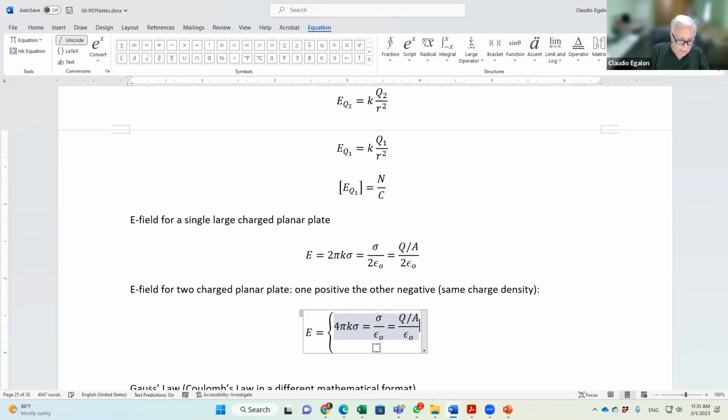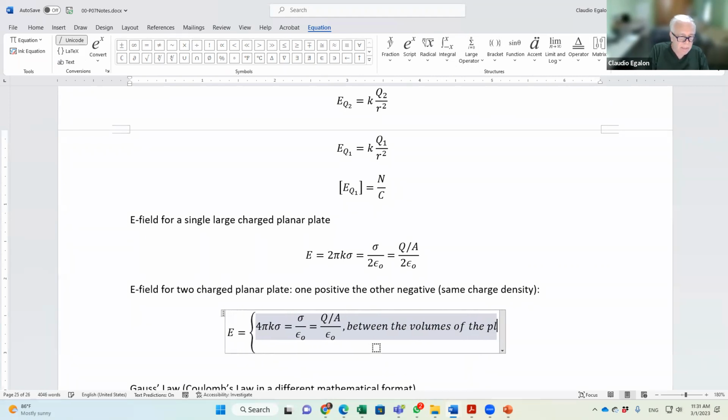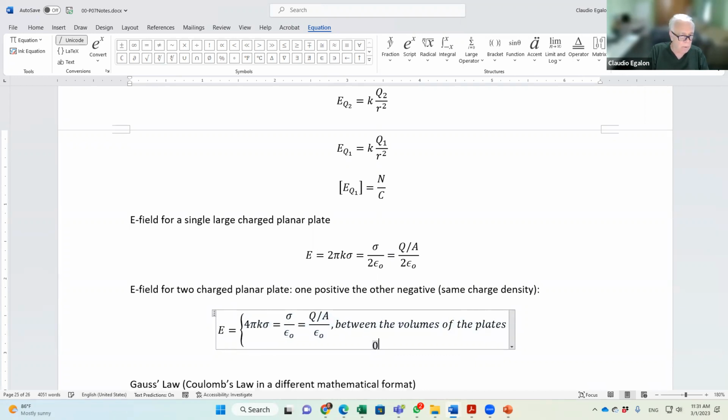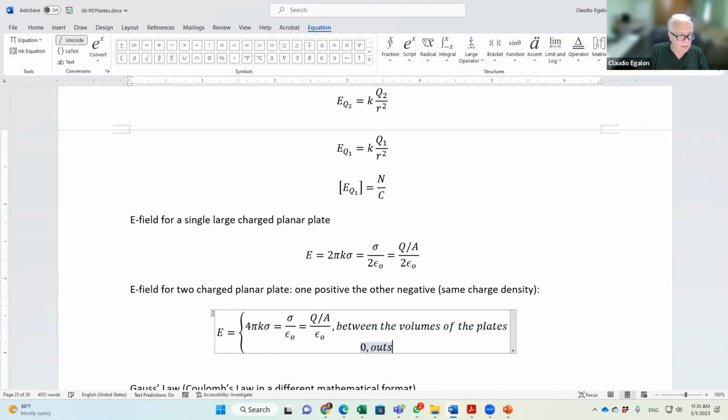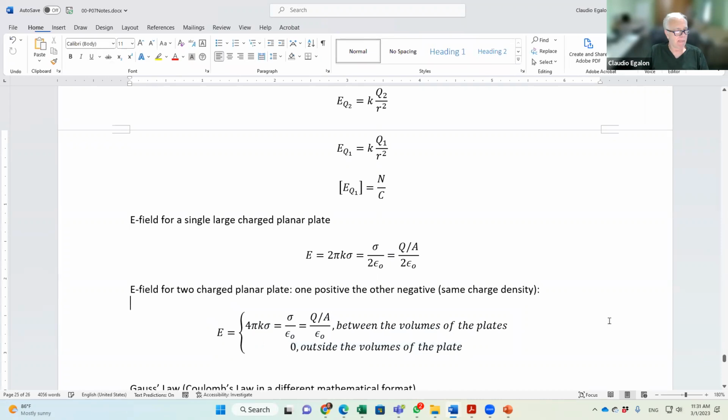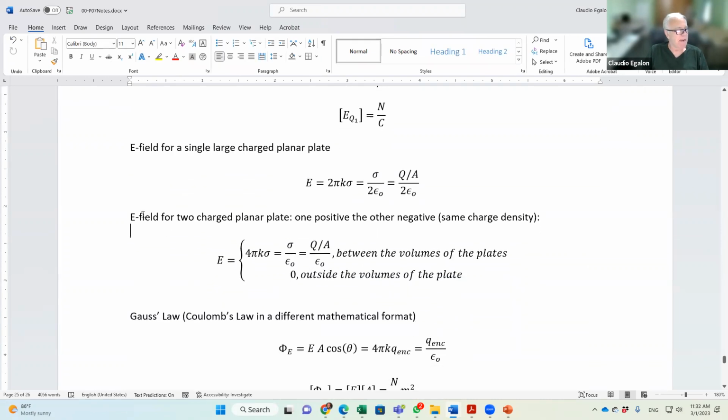Okay. Between the volumes of the plates, it is equal to 0 outside the volumes of the plates. Here it doesn't matter because the field is going to be the same in both directions. We don't have a volume, right? We just have a single planar surface.